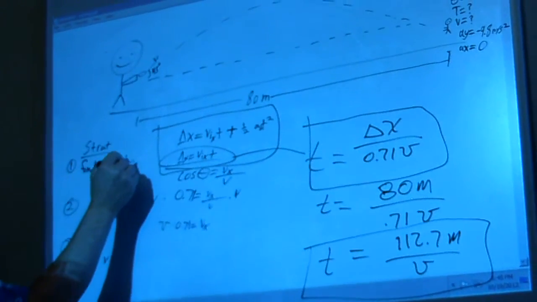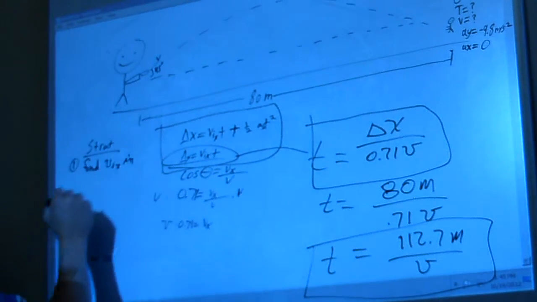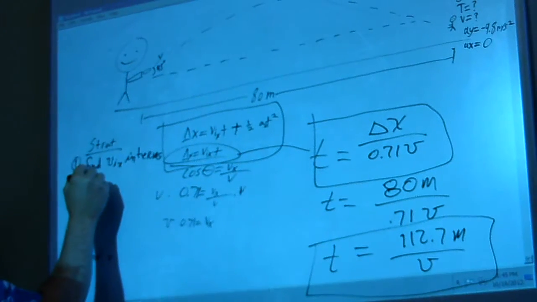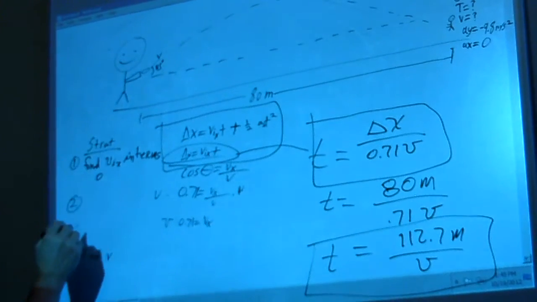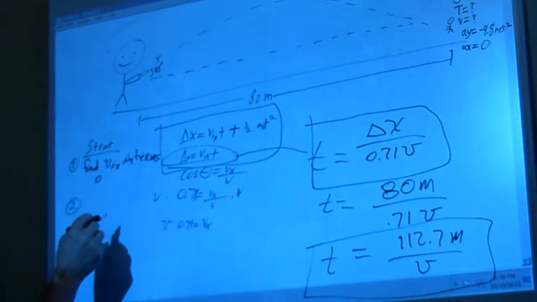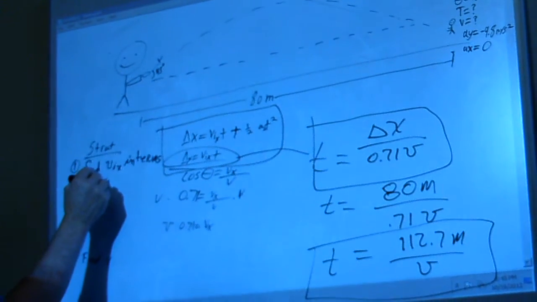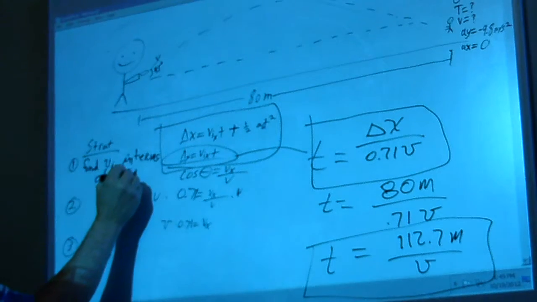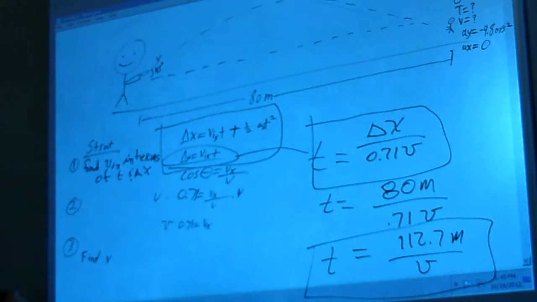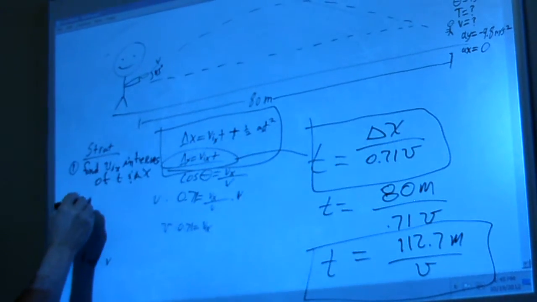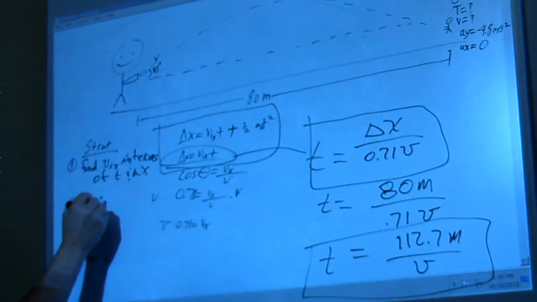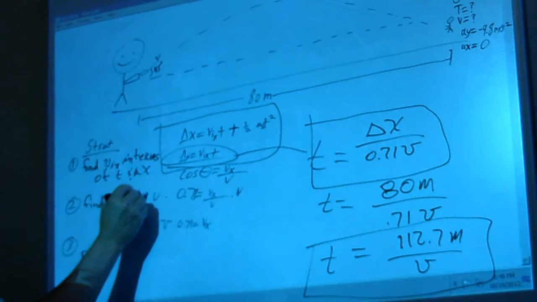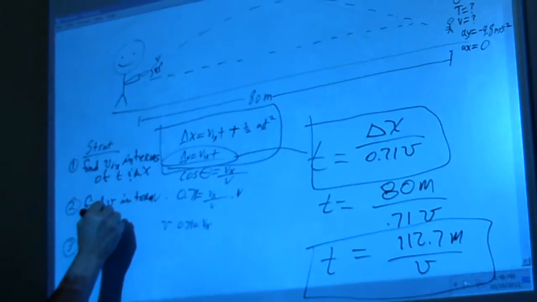It might be hard to read your writing, so why don't you say what you're writing for the voice. So find Vix in terms of t and delta x. Find the v in terms of Vix.